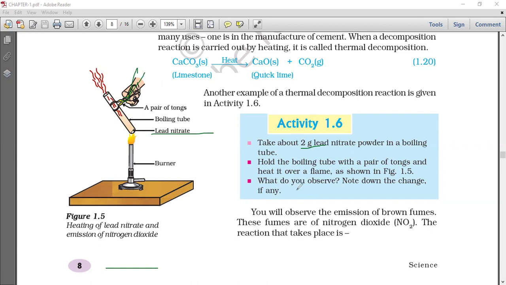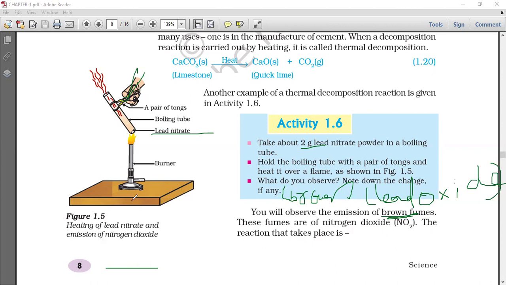What do you observe? We observe that a brown colored fume, a gas, comes out of it. Which color? Brown. Note down the change, if any. This brown fume is nitrogen dioxide, and the residue is lead oxide, and it also gives a pungent smell.